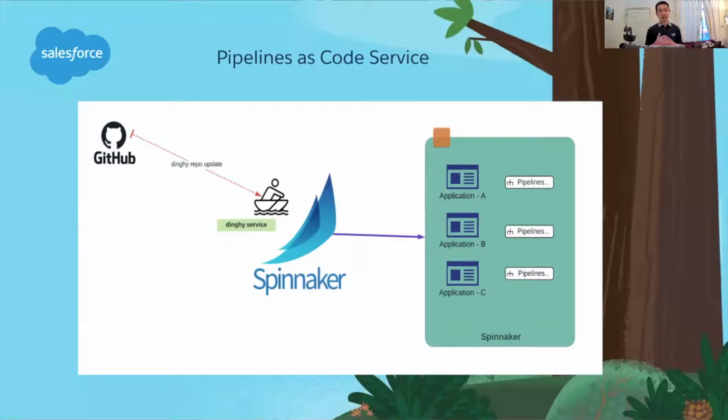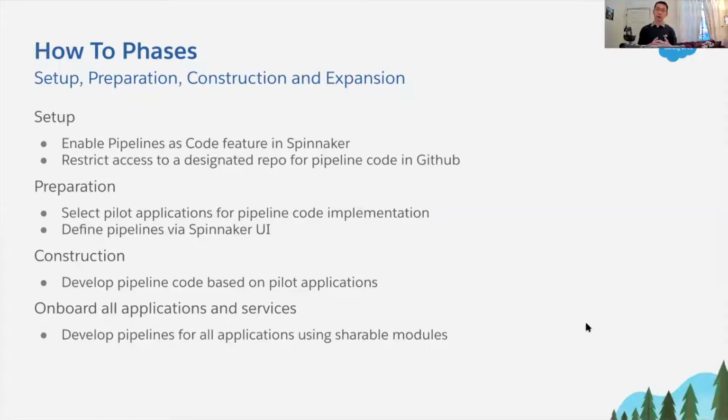Once it detects a new change, it does source code change checking. Once checking is done, you apply the change onto pipelines. To prepare the pipeline code, there are a few phases involved: setup, preparation, construction, and expansion.